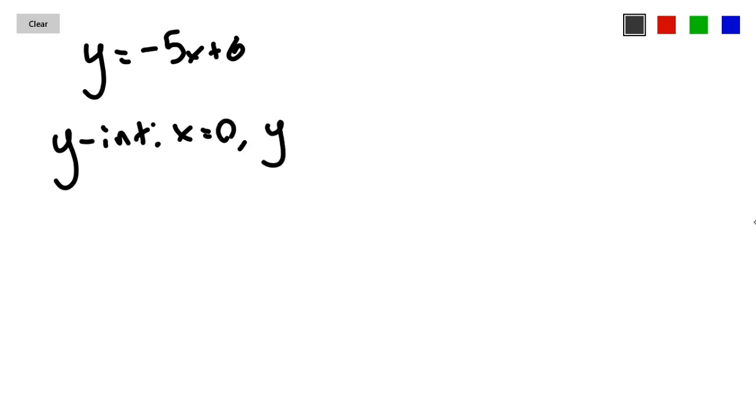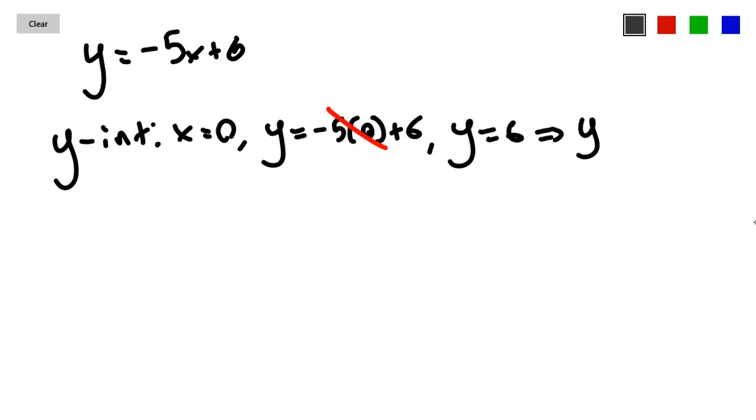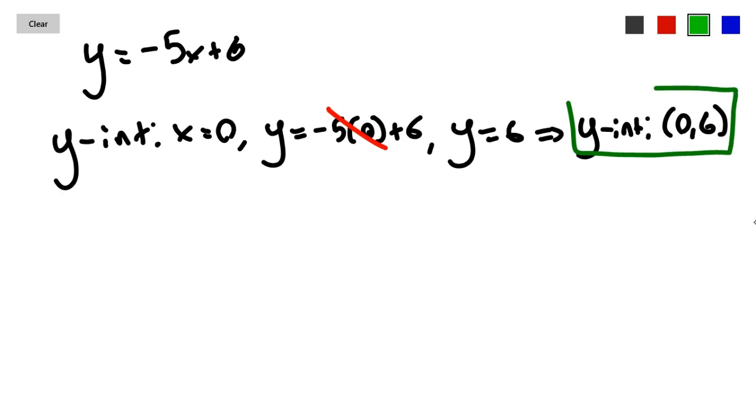So I have y is equal to negative 5 times 0 plus 6. Well, negative 5 times 0 is 0, so I'm just left with y is equal to 6. Therefore, my y-intercept is the point 0, 6, which makes sense because that 6 is the number that we have over here in slope-intercept form. That's what this means. This is where the y-intercept comes from.